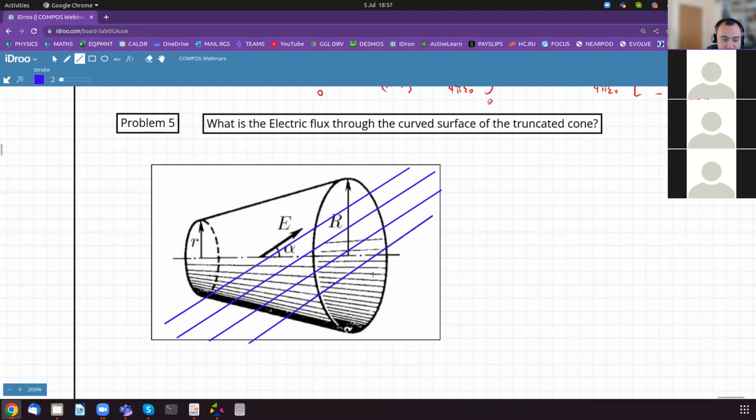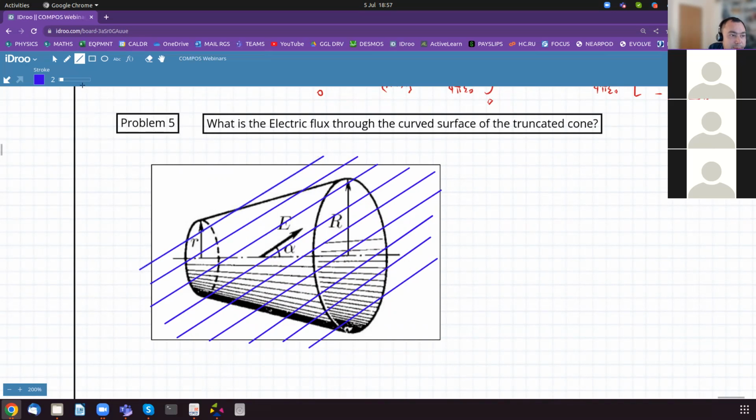Not a typical direction for rain, but it can happen, especially in mountains. It can rain upwards. So the rain is going this direction, and this is an imaginary cone. The question is how much of that rain passes through the curved surface.